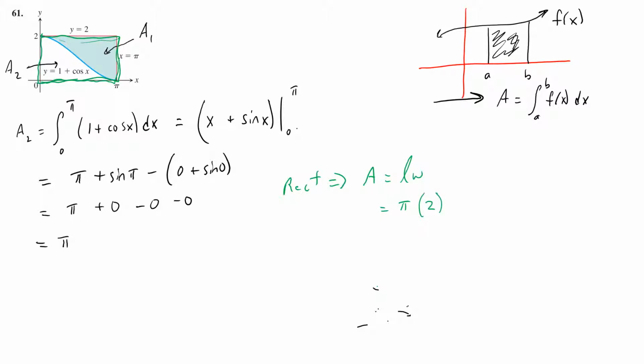The horizontal dimension is pi, and the dimension up and down is 2, and so the area of the entire rectangle is 2 pi. But the area that we want, A1, is half of that. And so A1 would be half of 2 pi, which is pi. So for this particular problem, we could actually use calculus or geometry to get the answer.